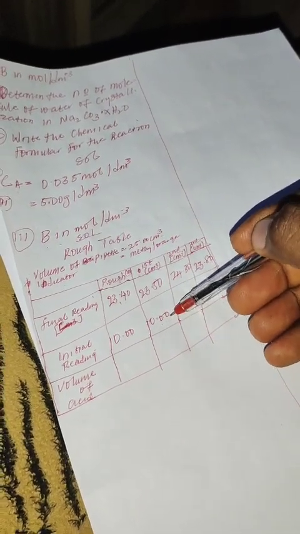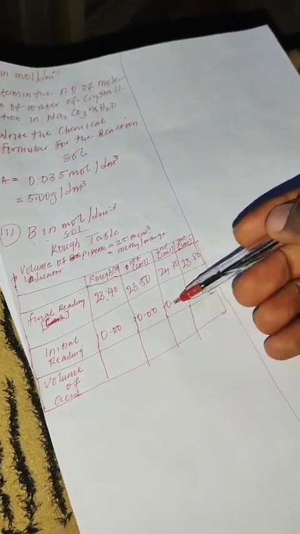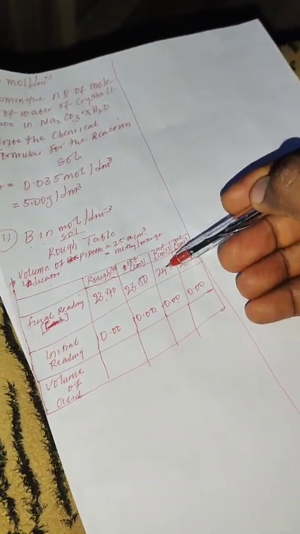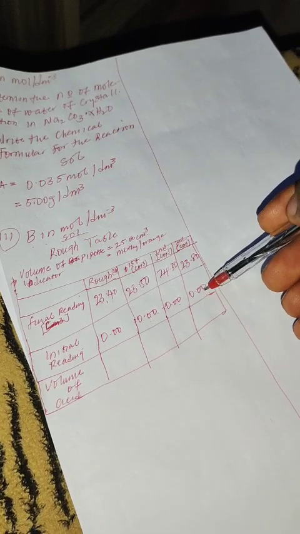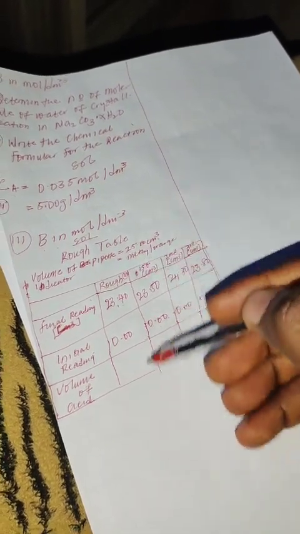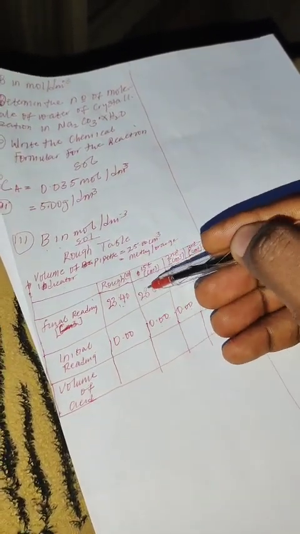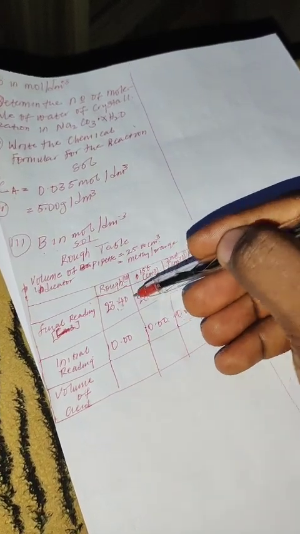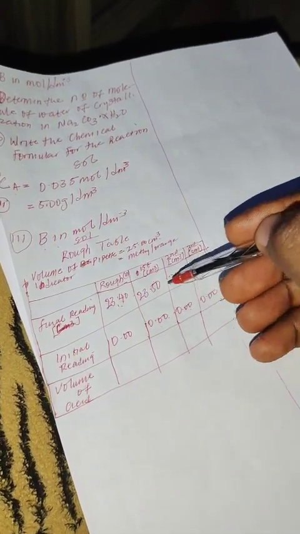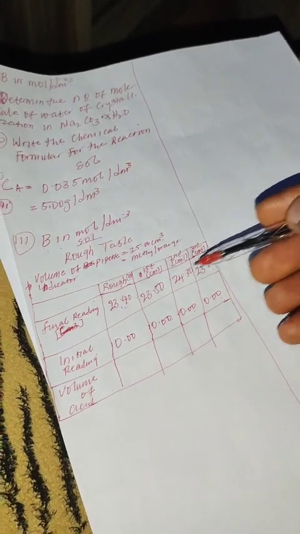So my initial will be 0.00. After this, I refilled again and conducted another titration. It is at this point that we have the indicator, at this point that there was a change or an observation in the solution.